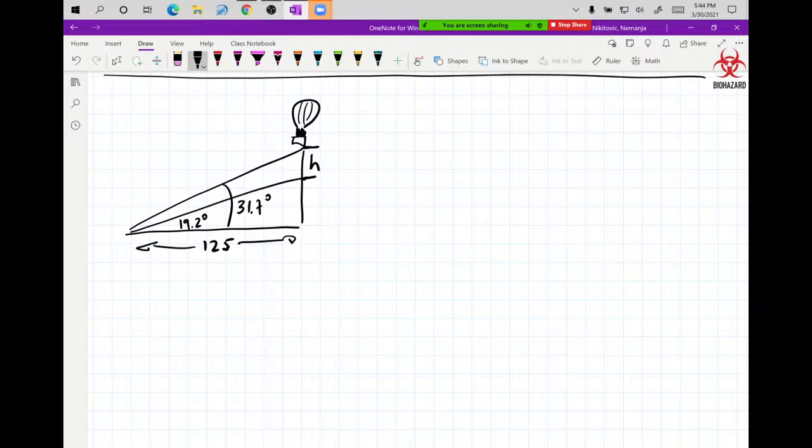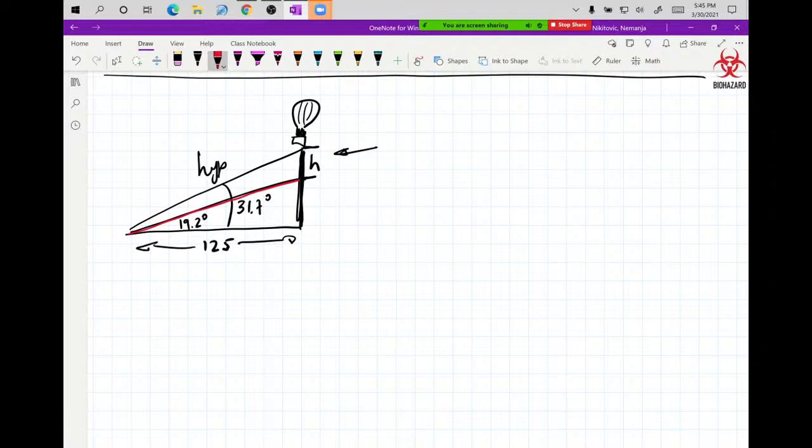We don't want anything that has to do with the hypotenuse, because the hypotenuse distance over here is not given to us, and we would have to figure it out. So that's annoying. We know that we have to deal with the height over here, so we are already dealing with the opposite side, right?